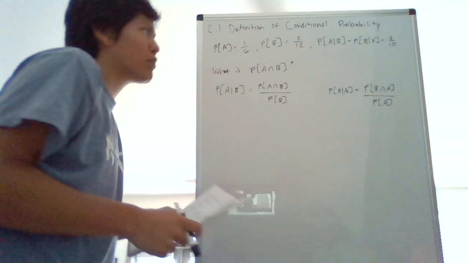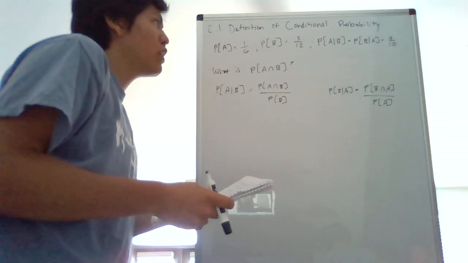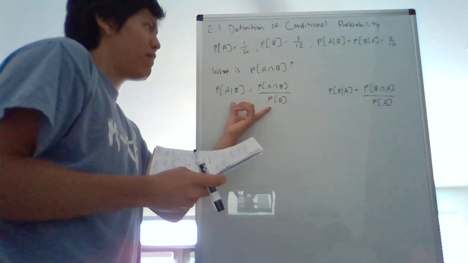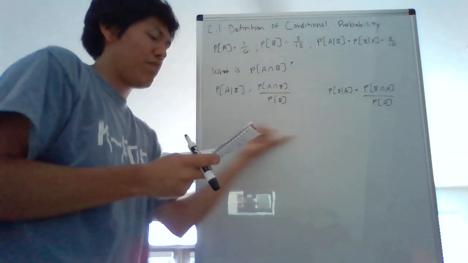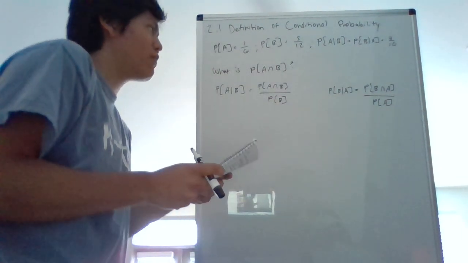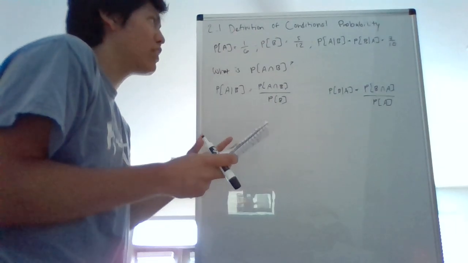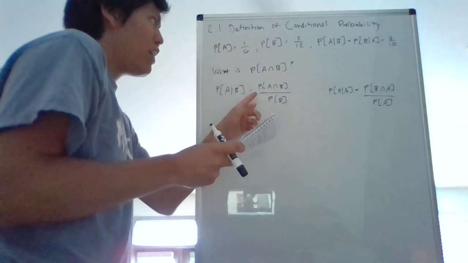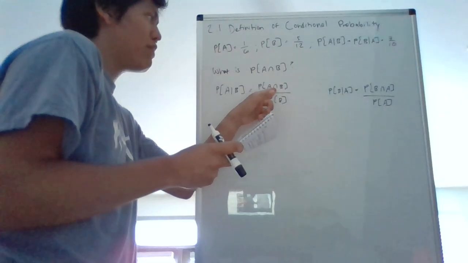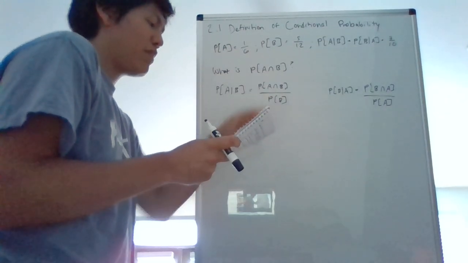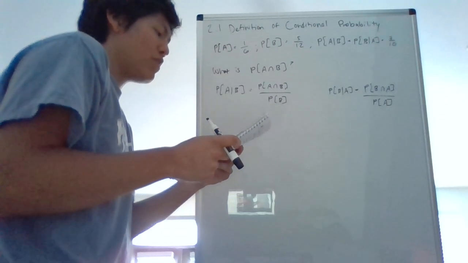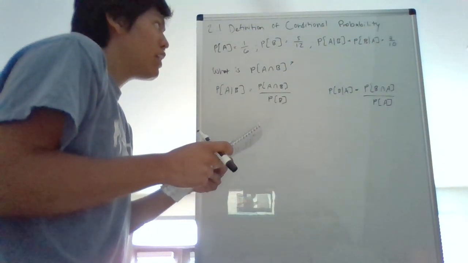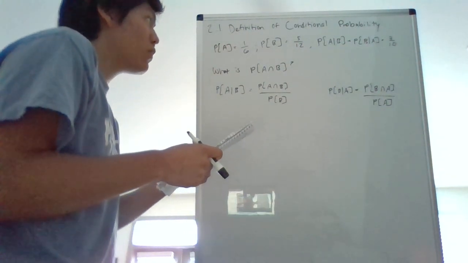All right. So now that we have these expressions written out, we can try to solve for A intersect B. How do we do that?